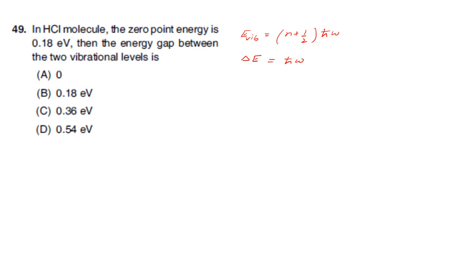Given that the zero point energy is 0.18 electron volt, and zero point energy is given by half h cross omega, the value of h cross omega will be 2 into 0.18 electron volt. Therefore, the energy gap between two energy levels is 2 into 0.18, that is nothing but 0.36 electron volts. Option C is correct.